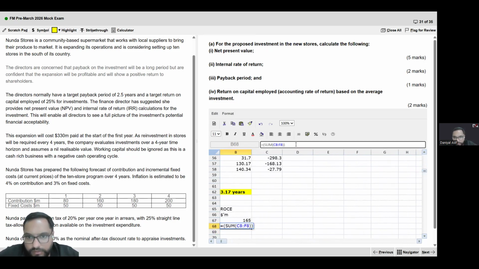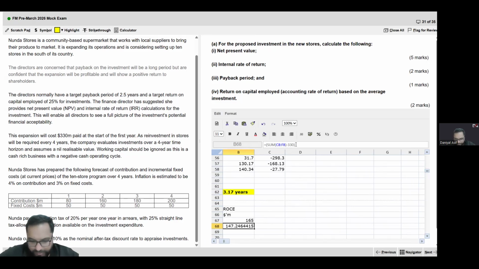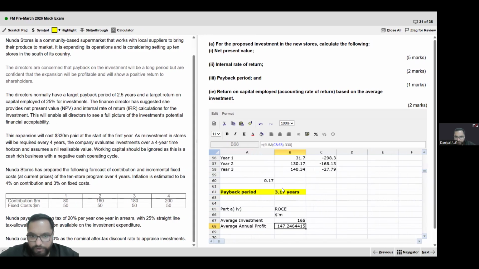These are our total operating cash flows, minus 330 is our total depreciation. So that gives us our total profit at 147.4, and to average it, we're going to divide it by 4 because this is for 4 years. This gives us a 36.81 average annual profit.